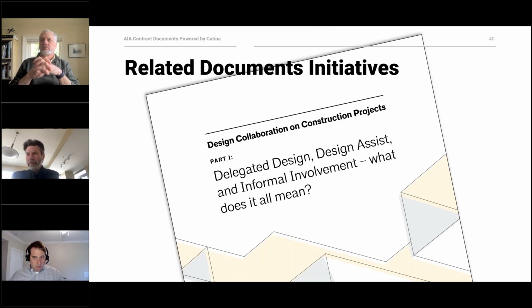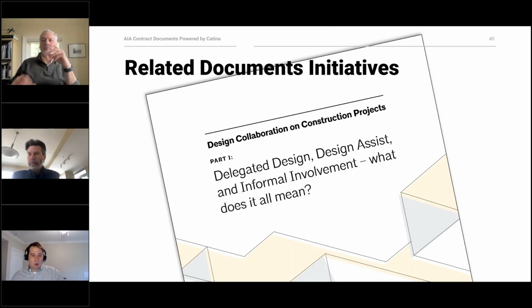But it's not that you can't have more collaboration on other delivery models as well. And the industry is working towards finding ways to facilitate more collaboration, even if you are in a delivery model different from a CM setup.